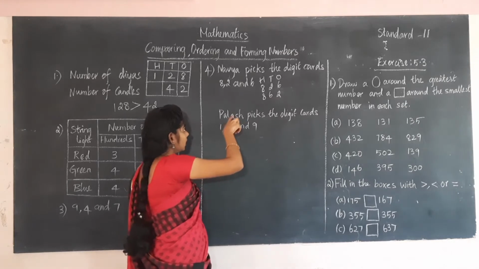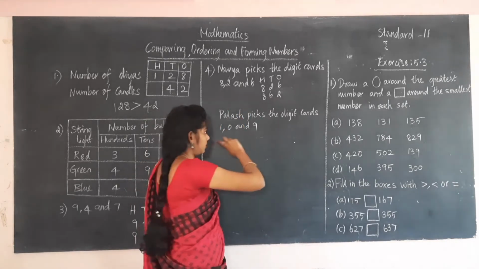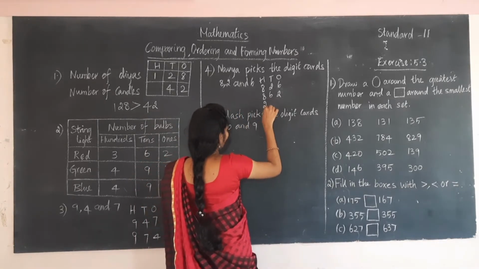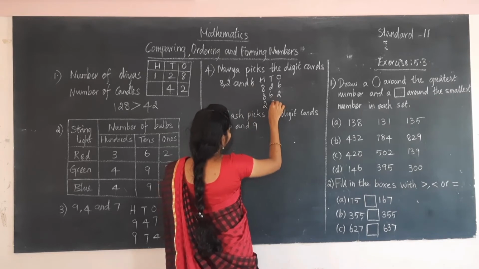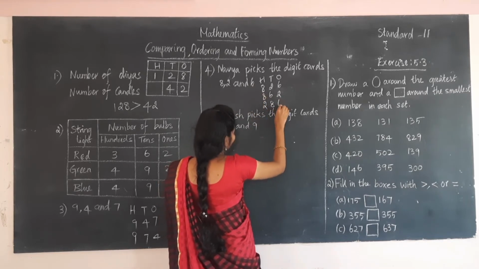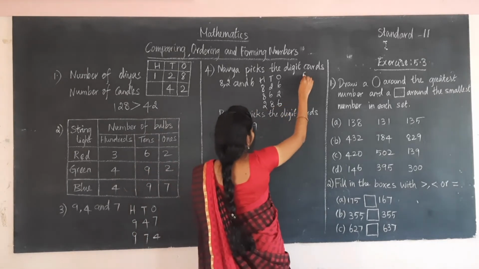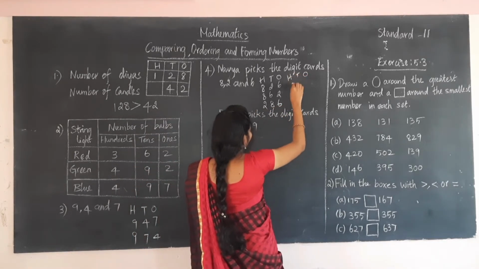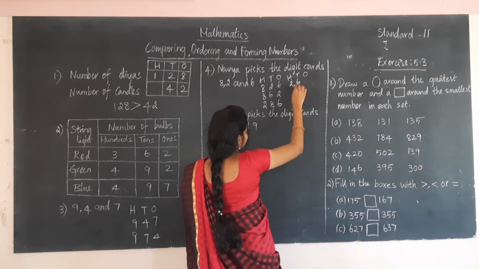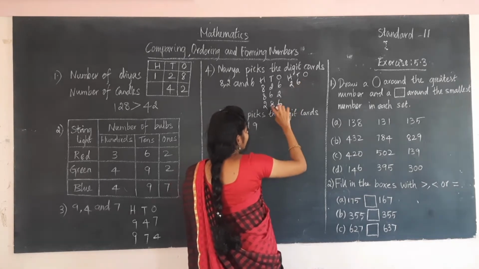Next we can place 2 in the hundreds place, and 8 can be in tens, and I am writing 6 in the ones place. Likewise I am going to write the possibilities. Next, 2 in the hundreds, 6 in tens, and 8 in ones.